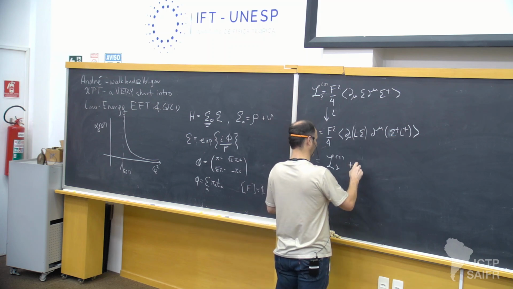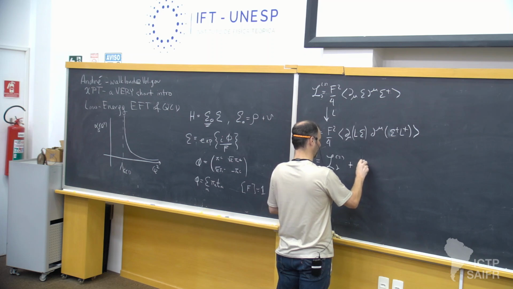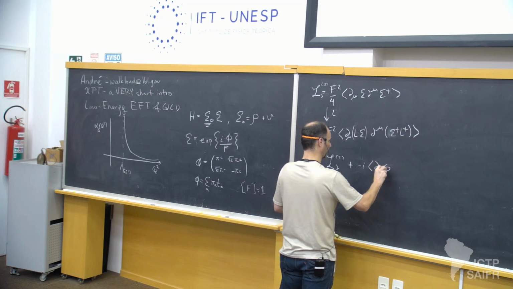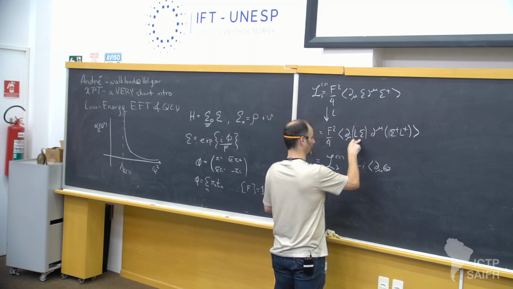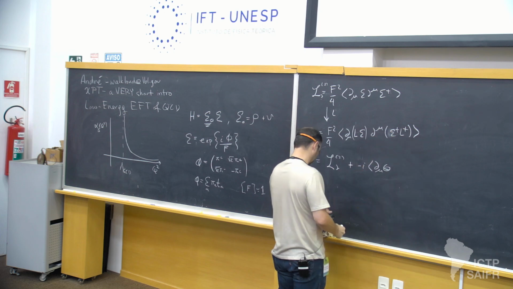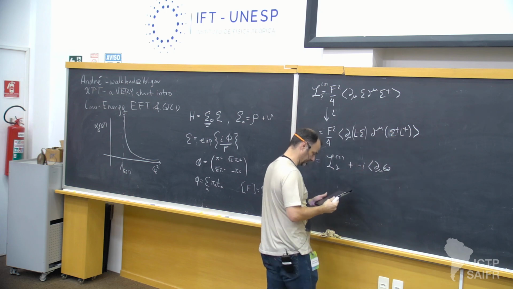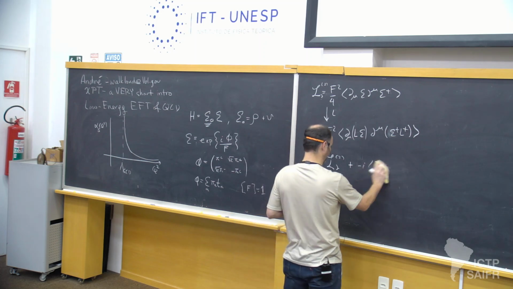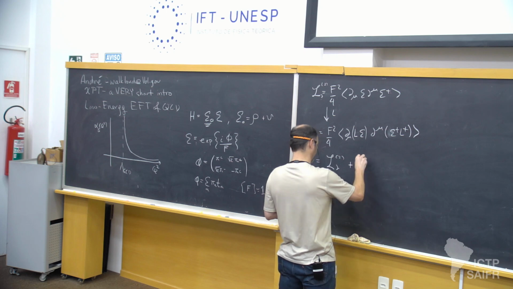So if I can remember, I'm going to have minus i d mu theta, and then I'll just look at my notes. I won't try to do it in my head. I already forgot my f squared over 4, so let me put that back in.